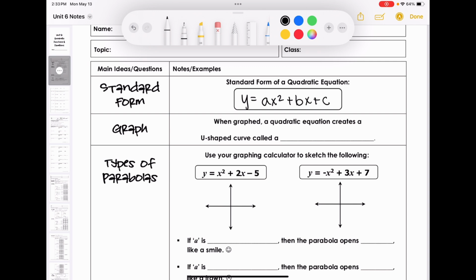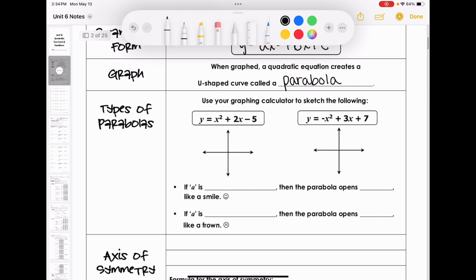Okay, when you graph a quadratic equation, it creates a U-shaped curve called a parabola. I know it looks like parabola, but we say it parabola. All right, so this says use a graphing calculator to sketch.